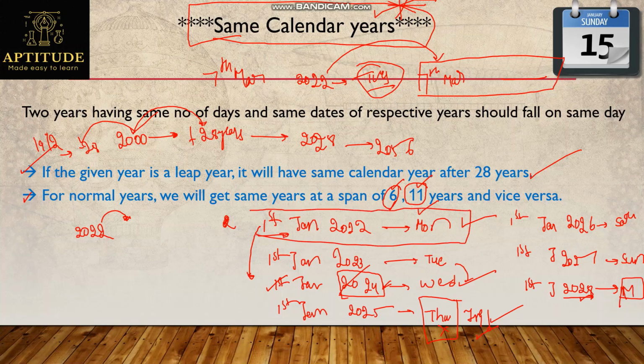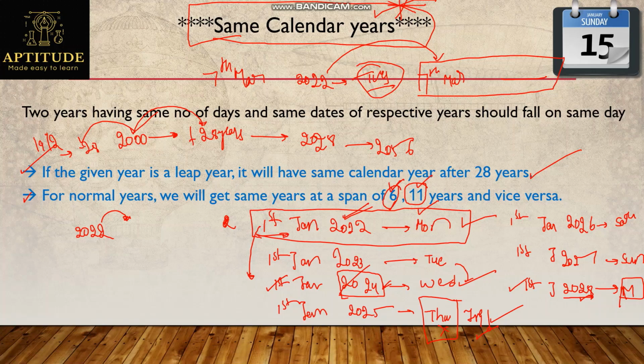So for how many years I am getting this one? For 6 years. So which means after 6 years from 2022, the particular year will be same calendar year of 2022. So if it is not matching with 2022, 2028 is not matching with 2022, no need to go on with checking all others.